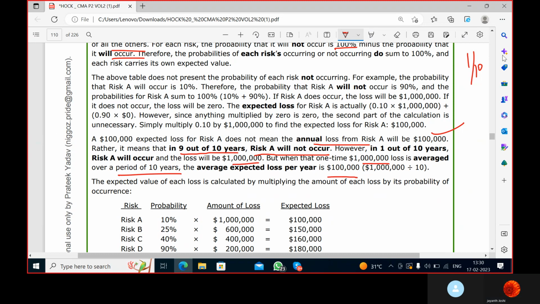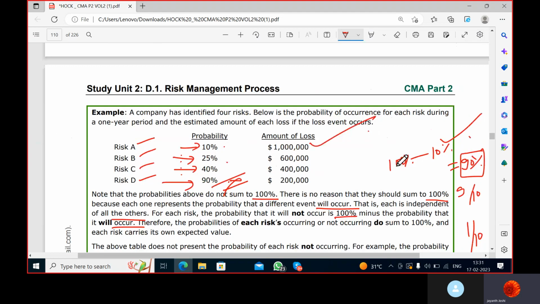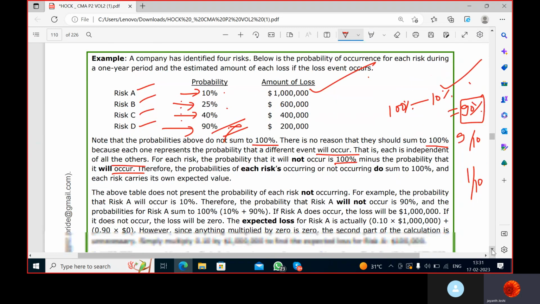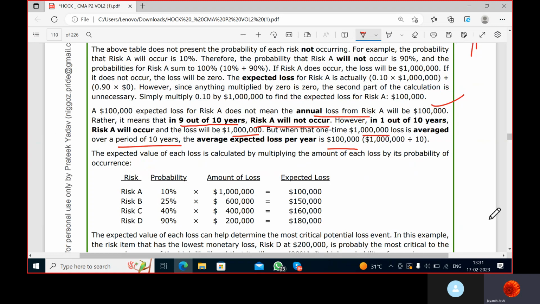Here 10 lakhs is given, so that is the total. What we are doing is, 1 out of 10 times the risk will occur, so the expected loss can be 1 lakh only, not 10 lakhs. Here we are finding out the expected loss. We are just multiplying the probability of occurring with the amount of loss, and we are getting the expected loss. That's it.